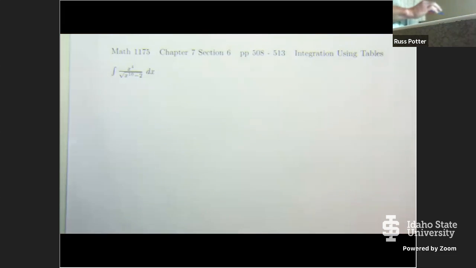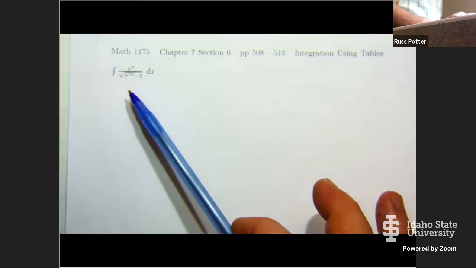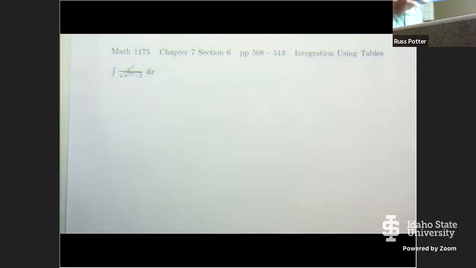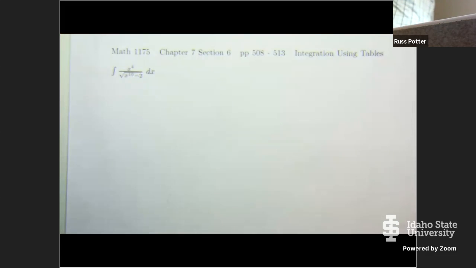So if you picked u to be x to the 5th, and then du would be 5x to the 4th dx, and we see x to the 4th. So all of that experience will come flooding in, and you'll at least have an idea of how to start.